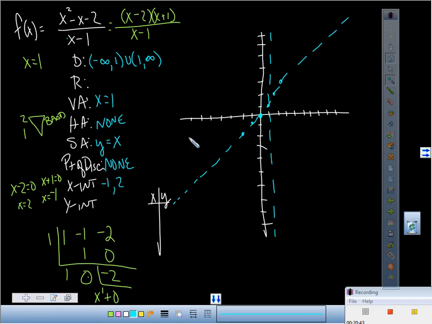Now, at negative 1 and positive 2 for my x-intercepts, do I know where my curves are? They're in those fat spaces, right? So, let's find my y-intercept. You just put x zero in up here. It's negative 2 over negative 1. What is negative 2 over negative 1? So my y-intercept is 2. Can I draw it now?